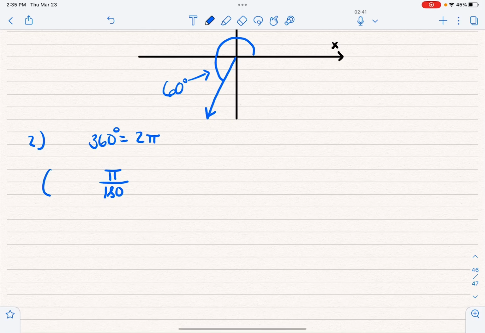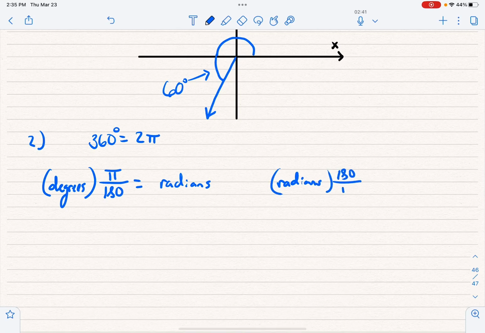If I have an angle in degrees and I want to go to radians, I multiply by pi over 180, and that will give me the same angle but in radians. If I have an angle in radians, but I want to go to degrees, I multiply it by 180 divided by pi. And that will give me the same angle, but in degrees.